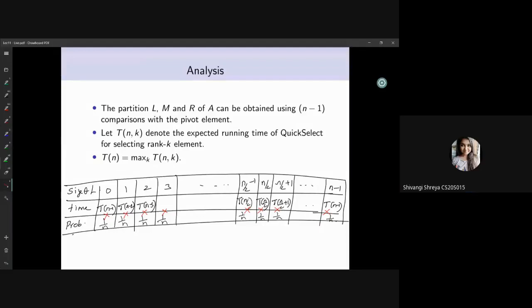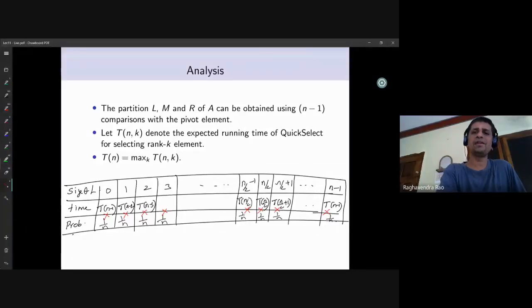So the whole time complexity for each size of L is for selecting the kth element, right? We are considering the biggest array among the two. We are just assuming that we have to recurse on the bigger array. That's all.